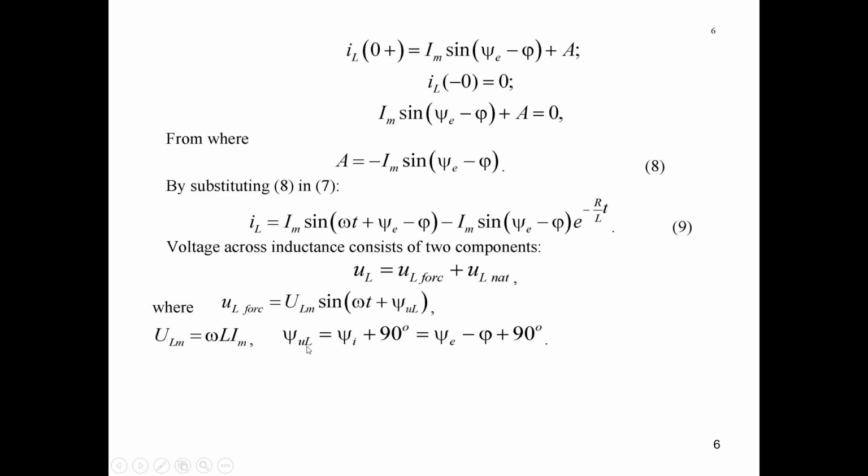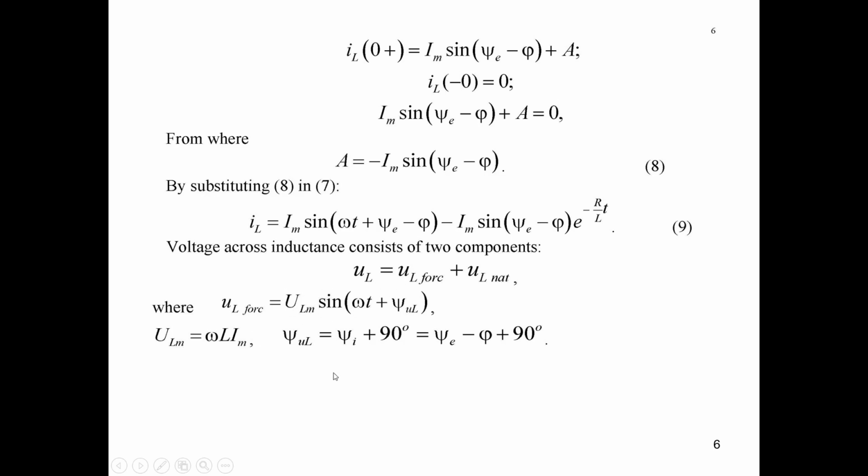And we know from the previous semester that the maximum level of voltage drop across inductance equals the maximum level of current through inductance multiplied by the module of complex impedance of inductance, which is equal to omega L. So UL maximum will be equal to omega L I maximum. This coefficient.